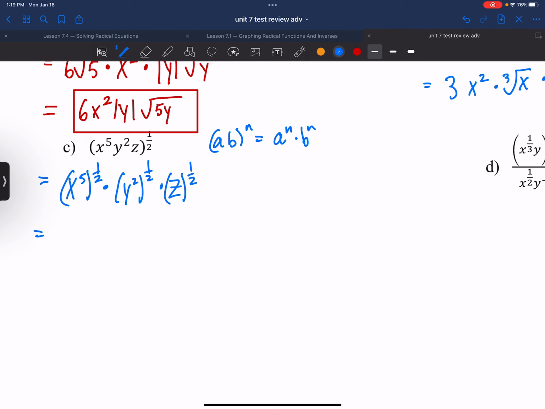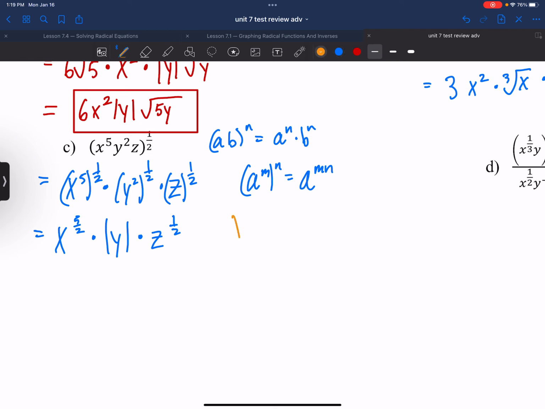And then I'll just use the property that you can multiply exponents, right? A to the m to the n equals A to the mn. So this is x to the 5/2 times y to the 2 times 1/2, which is 1. Careful here, you are square rooting that square, so that needs to be absolute value y. And then this is just z to the 1/2.